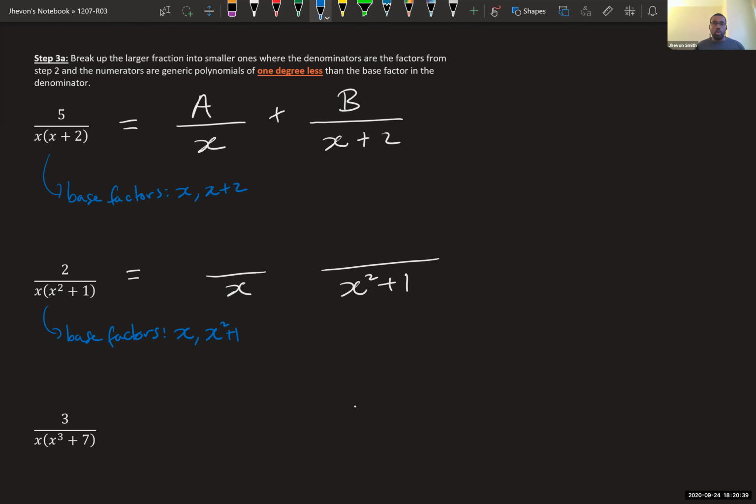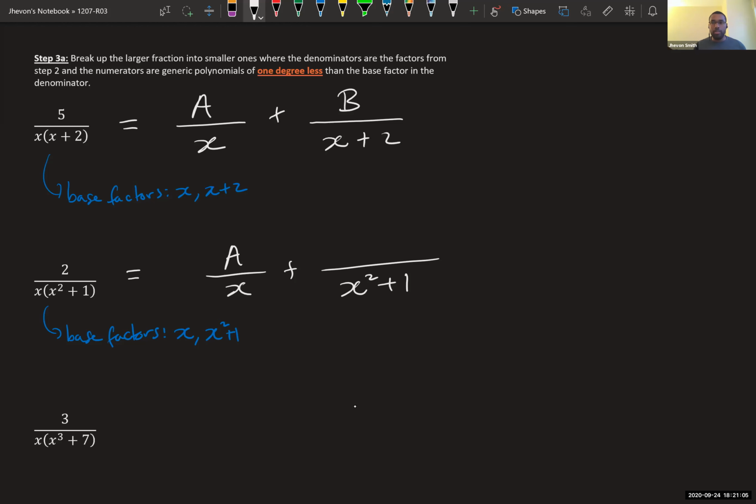Now, in the numerator, what I do is put a generic polynomial that is 1 degree less. Exactly 1 degree less than what's in the denominator. So for the first fraction, the denominator is a first degree polynomial, which means the numerator needs to be a 0 degree polynomial. For the second fraction, the denominator is a second degree polynomial, which means the numerator needs to be a first degree polynomial.